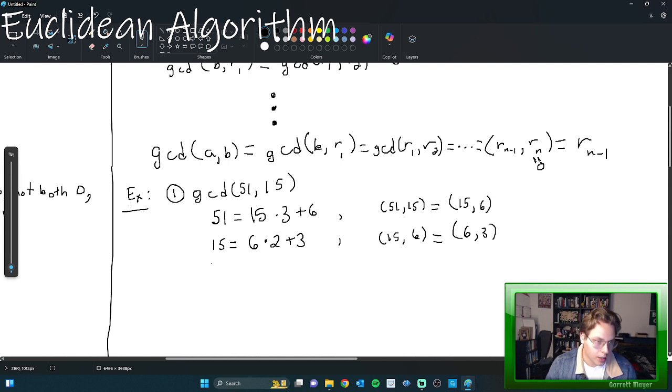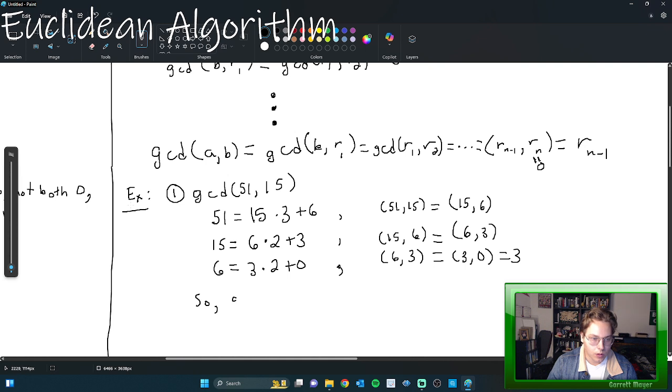So from there, we can apply the division algorithm again, and we get 6 is 3 times 2 plus 0. So the GCD of 6 and 3 is equal to the GCD of 3 and 0, which is just equal to 3. So now what we have is the GCD of 51 and 15 is just equal to 3.